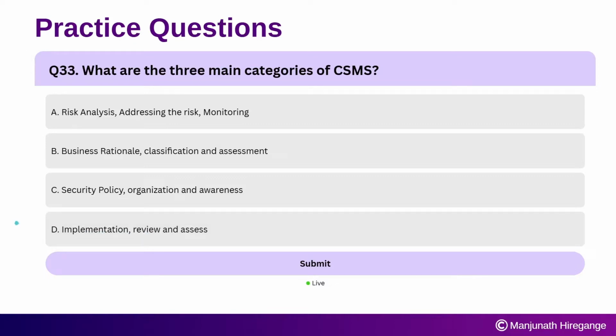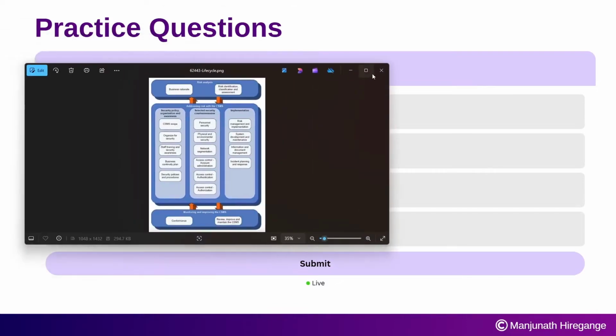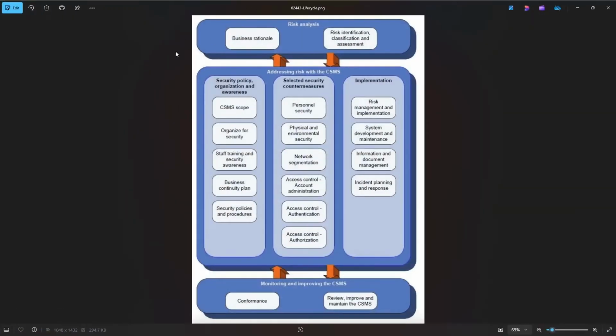I want to give you a hint on how to approach this question. This is the CSMS chart you need to refer to, and if you want you can memorize it, but if you understand the concept it is easy to remember. So what are they asking?